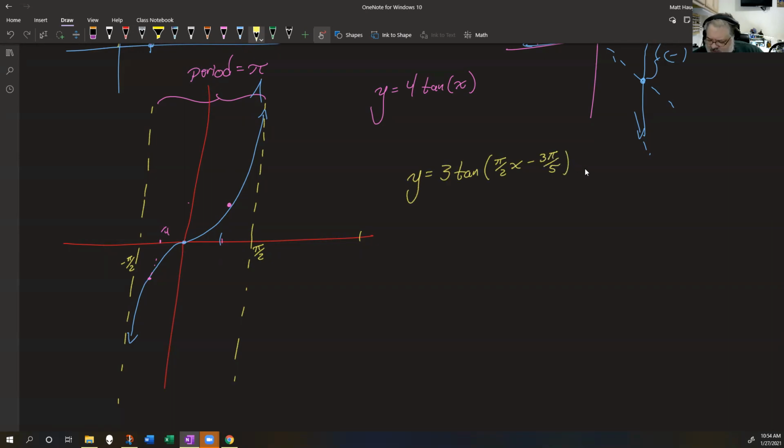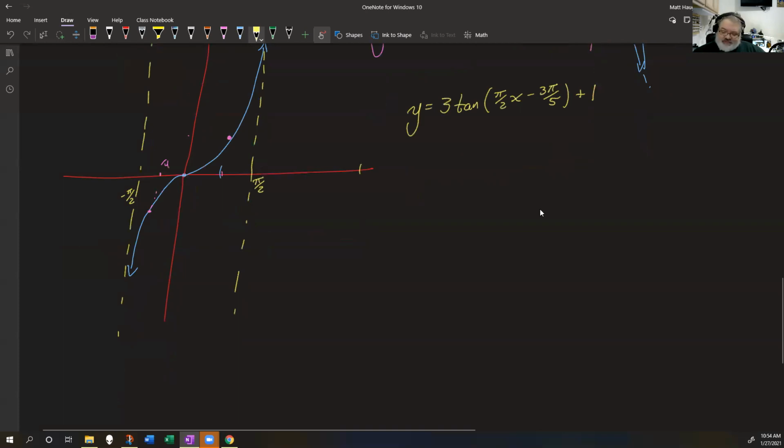I don't know if that's fun with it, but I'm going to go there anyway. Plus 1. And you think, hey, we haven't talked about tangent long enough to do this. Well, actually, as long as we keep in mind the modifications that tangent has, all the stuff that we've learned from sine and cosine kind of apply to it.